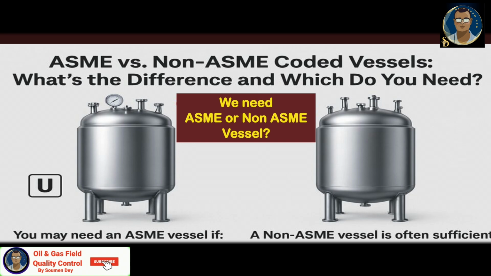In parallel, a non-ASME vessel at the right is often sufficient if your process operates under low pressure. The vessel is used for mixing, holding or processing non-hazardous material. You do not require certification for regulatory, legal or insurance purposes. You want to reduce costs in non-critical applications.